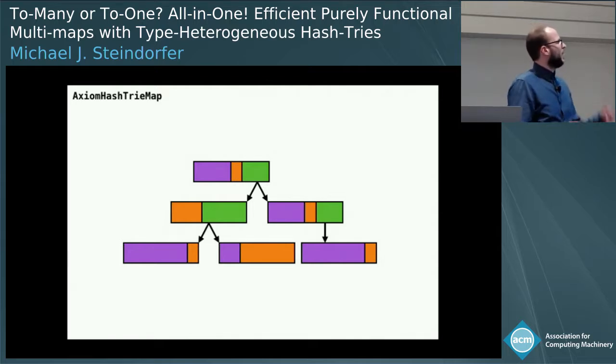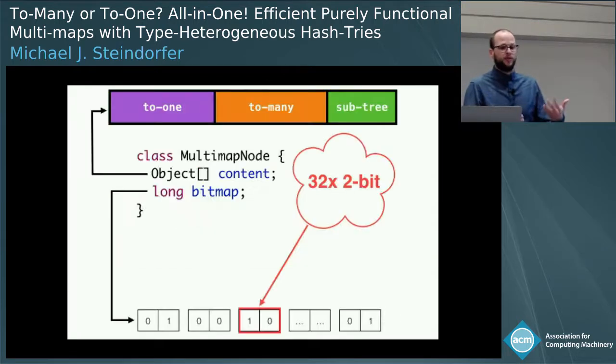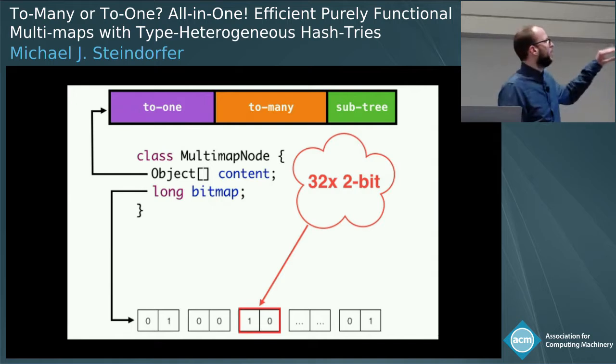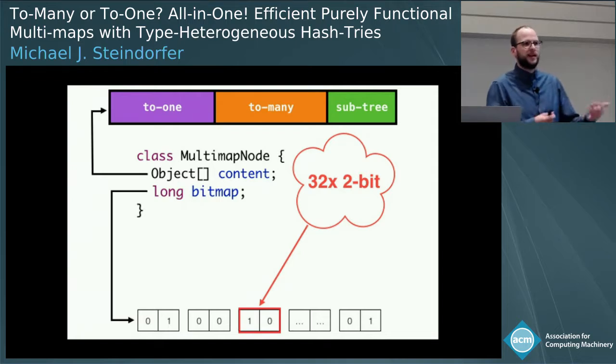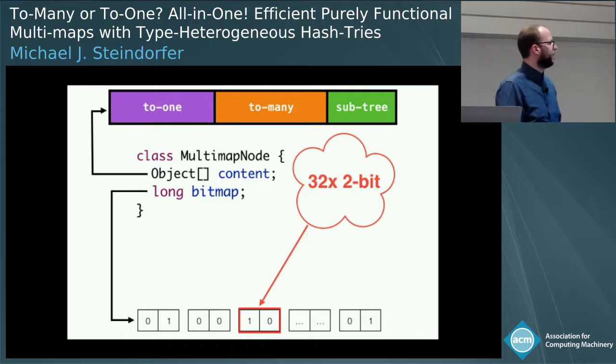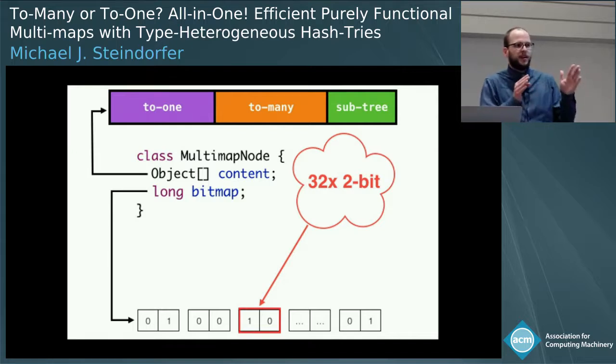So if you look at a node of the tree, as you saw before, in Java you would represent it, simplified, with some sort of storage, a content array here, and then some sort of metadata, and here it's a bitmap. And we use an encoding for bitmaps where we tag different types there.